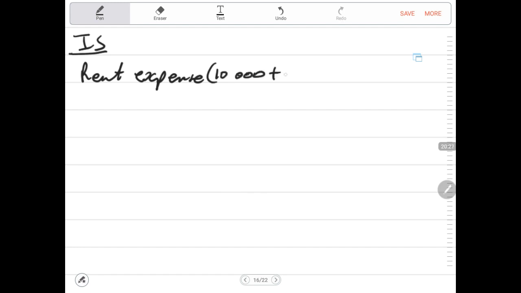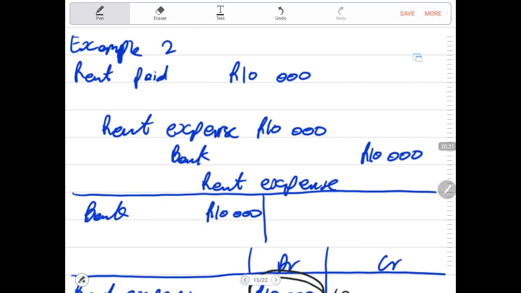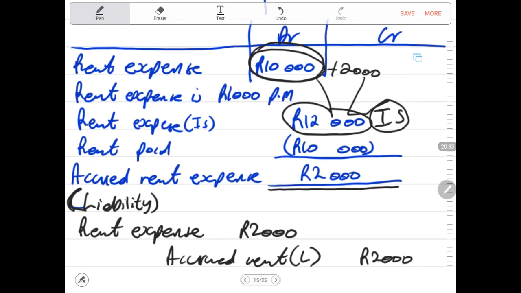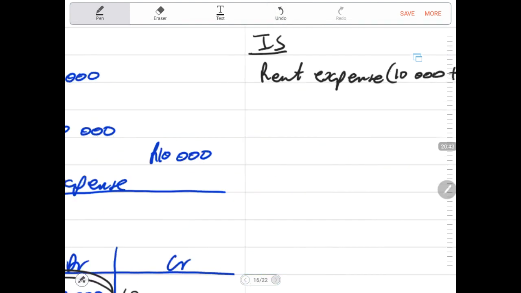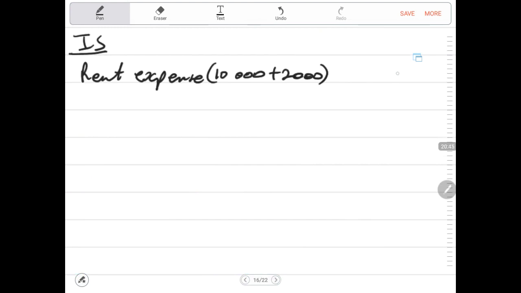Then we say plus 2,000 rands. Why plus 2,000 rands? It is because the 2,000 rands is increasing our rent expense. You can see that an expense is debited and expense is increased on the debit side. So that's why this will have to be 2,000, so that we record the entire 12,000, which is the rent expense that was incurred or supposed to be paid.